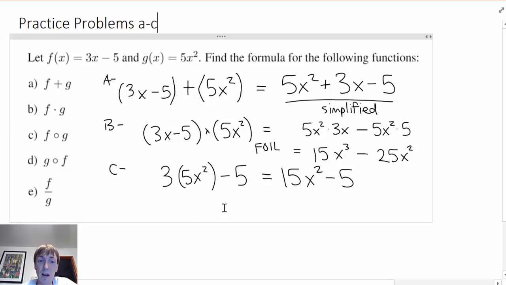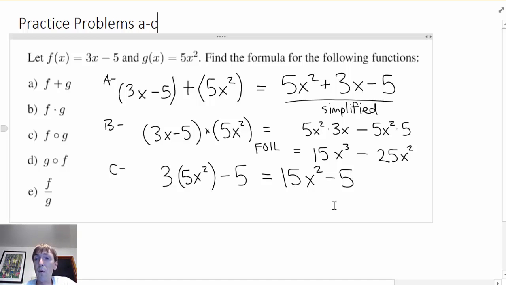All I've done here is I've written out the formula for F, but where I had an X before, I've replaced that X with the formula for G, which is 5x squared. So that's how this became 3 times 5x squared minus 5. You can simplify that a little bit and get 15x squared minus 5.